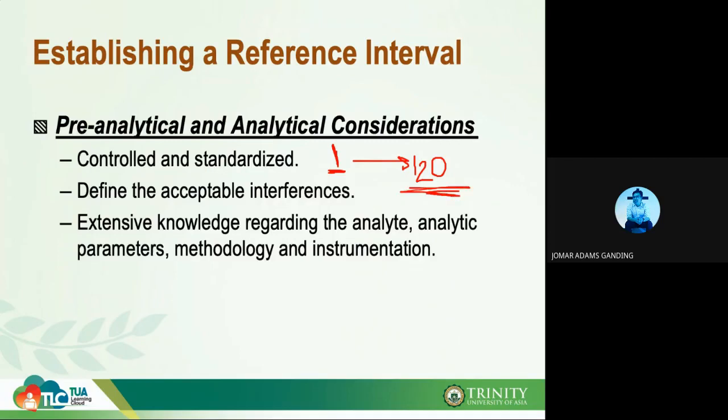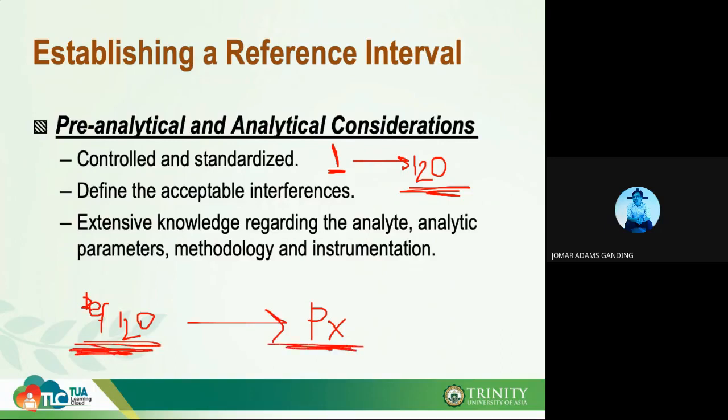Aside from that, how you process, when we are saying reference subject, this is the 120. This is now being compared to your patient, right? So for it to be applicable to your patient, the process that you did here should also be the process that you did here.